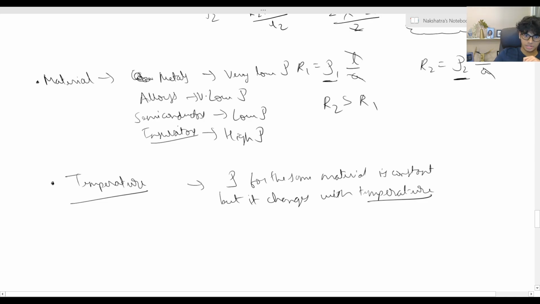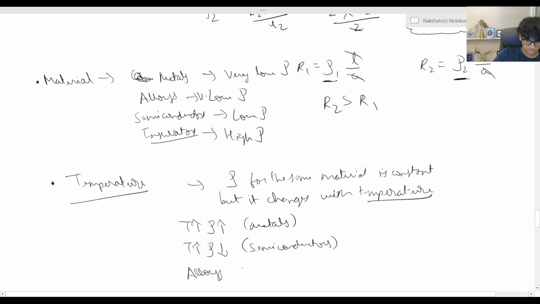Now this again depends on the material. So for metals, usually if temperature increases, then the specific resistance increases. Then if temperature increases, rho decreases for semiconductors. And for certain alloys, it doesn't depend on temperature.